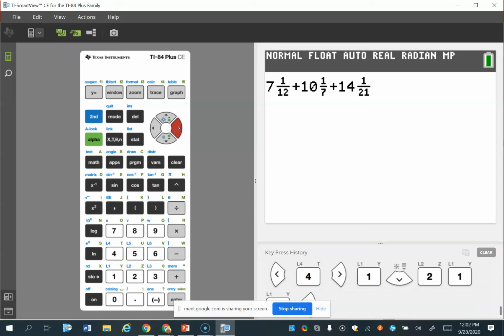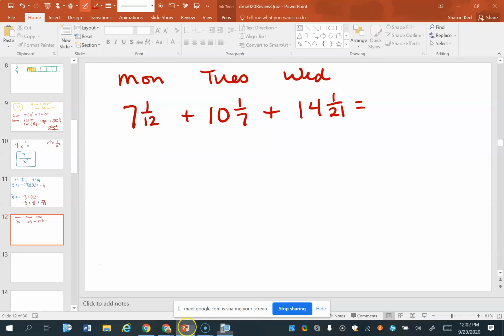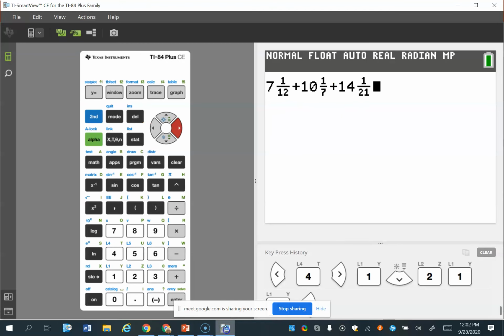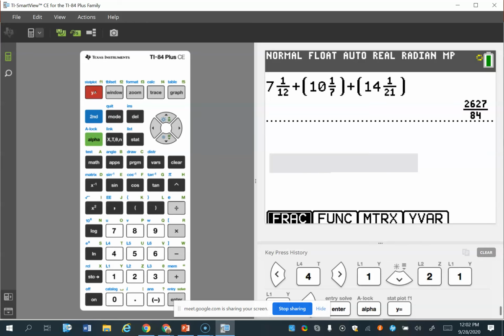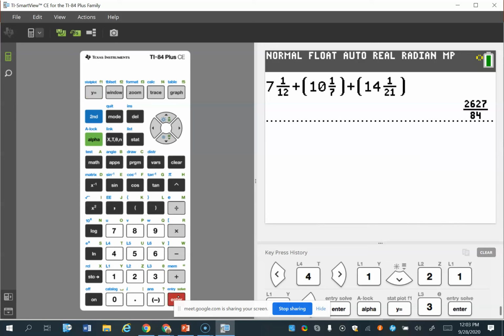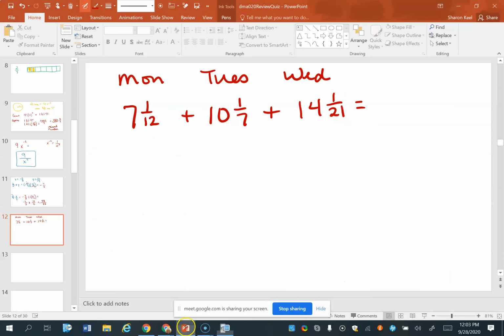Once you've keyed it in, go back and look at the problem to be sure you typed it in correctly. And then once we press enter, it initially gives us our solution as an improper fraction. So then we do alpha y equals, we choose number 3 to convert to the mixed number. So we have 31 and 23/84.